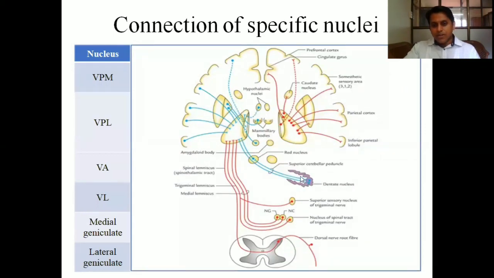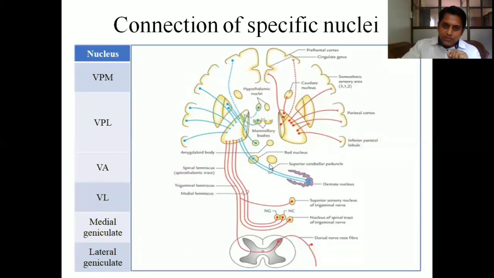The fibers from the dentate nucleus pass to the red nucleus, which is present in the midbrain. So these fibers from here, they relay and go into the thalamus. The fibers coming from the globus pallidus will come into the thalamus directly. So these two help in the manipulation of the movement.